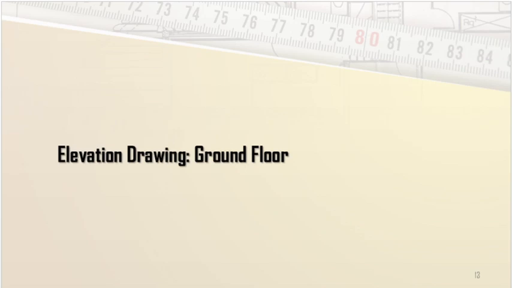As you know, 4 elevation drawings are possible, so we'll be following the convention of north, south, east, west. These 4 side views we will be drawing for the particular plan. So let's get started with that.